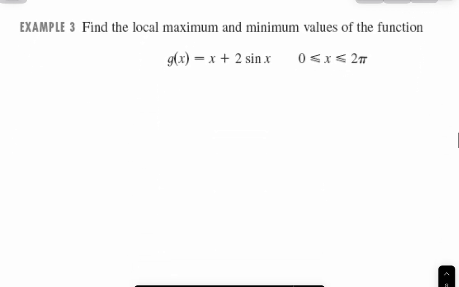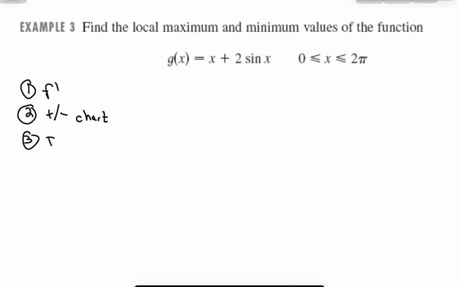So in example 3, we have a new function. It says find the local max and min values of the function x plus 2 sine of x. So remember what we have to do. We have to find the first derivative. We have to make a plus or minus chart.